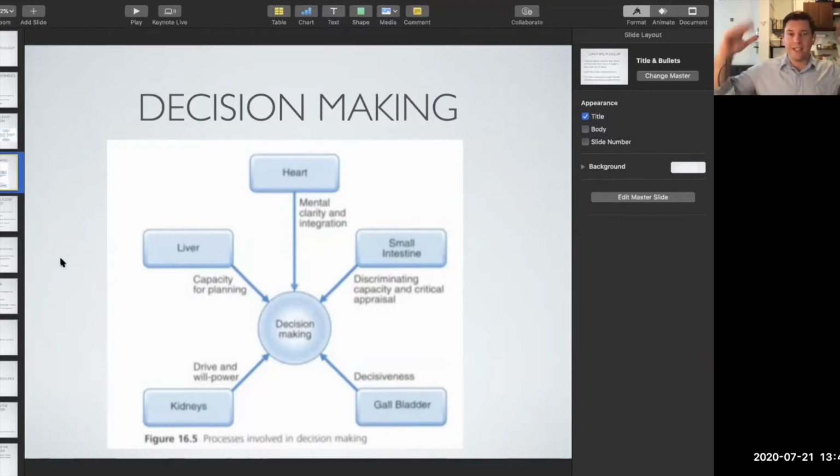So he can make the lists, all the pros and cons, and he can plan, and he's got plenty of drive, but he can't make decisions. And that's contrasted with a female love interest who's mostly gallbladder, who's very decisive, but doesn't necessarily plan anything. And drama ensues. But you can see a lot of the psychology in common media as representing, okay, let's take this decision-making process and then take a piece out, and then we've got drama. So at the end of the day, whether or not someone can sign a lease is a gallbladder function, for example.